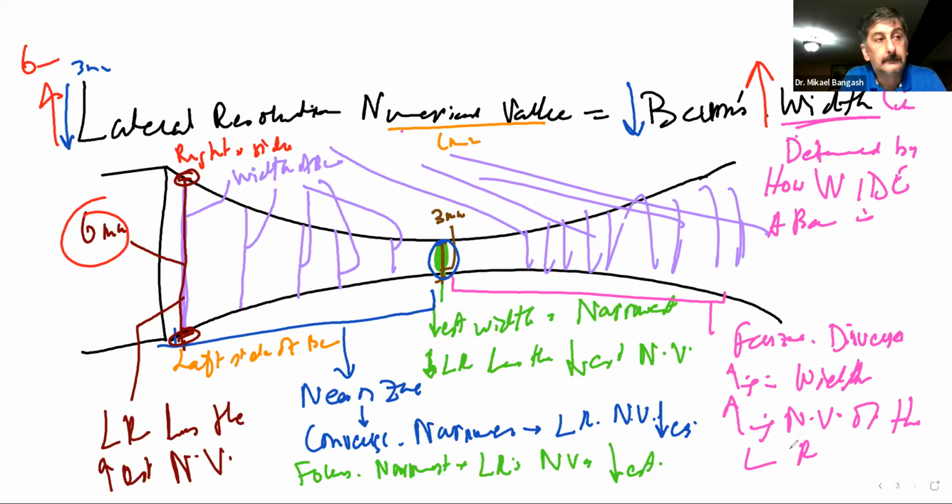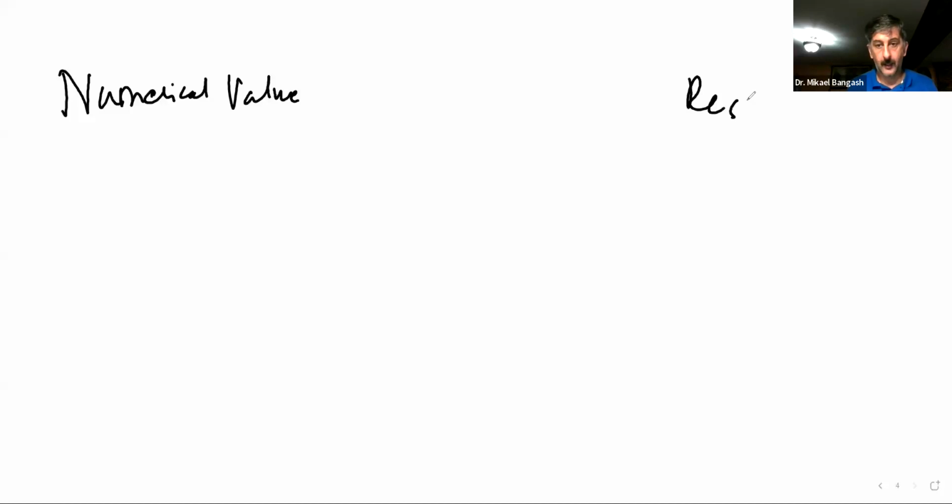Did that make sense? Now, what did we say the relationship between the numerical value and resolution was?